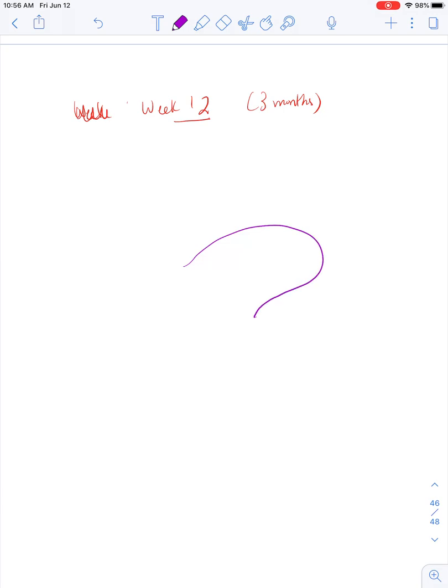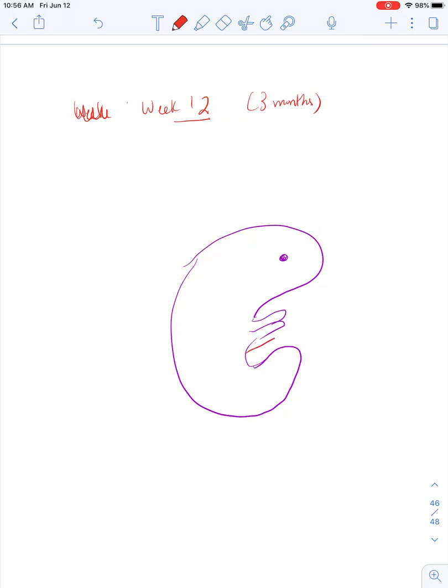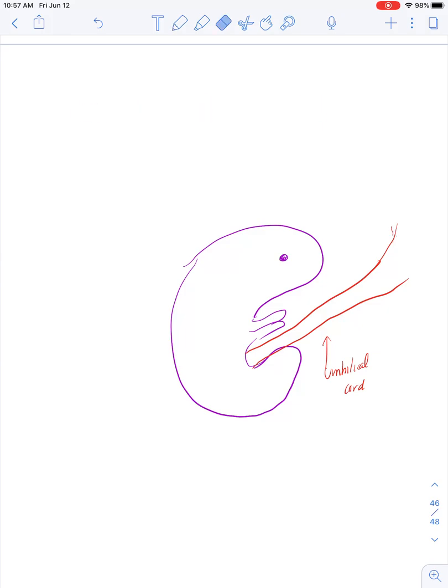So this would be the baby, like that. And the baby is connected to its mother through a structure called the umbilical cord. Okay, so now this umbilical cord, this is kind of hard to draw.